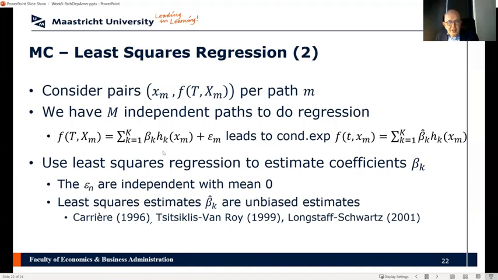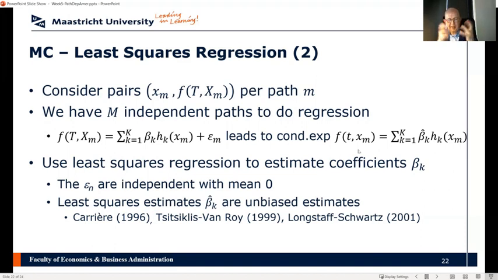This is a linear combination, a classical regression, and I can estimate my coefficients beta hat k: how much weight beta k do I give to each basis function h_k. Then taking a conditional expectation, I remove my epsilons, and the conditional expectation is evaluating the basis functions at time small t using my regression weights beta hat k.